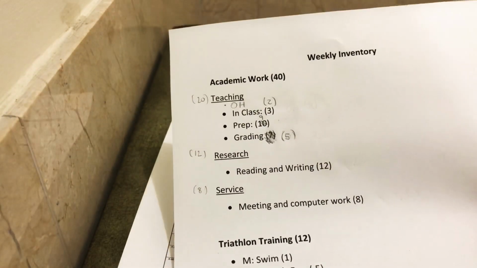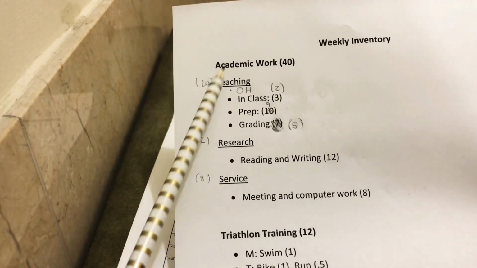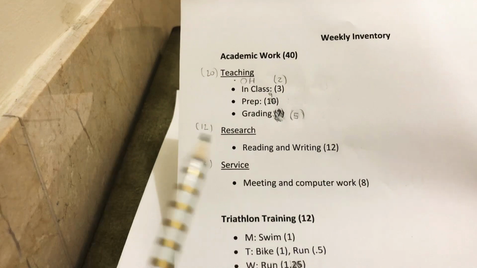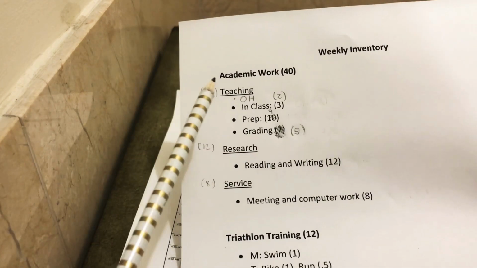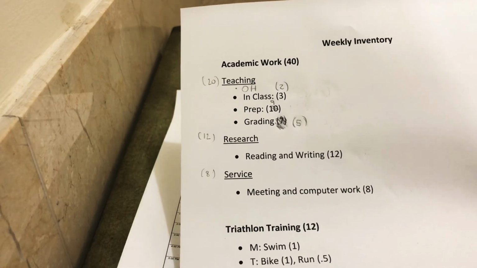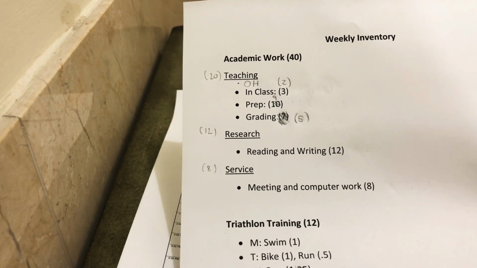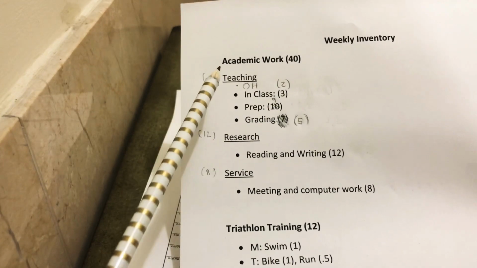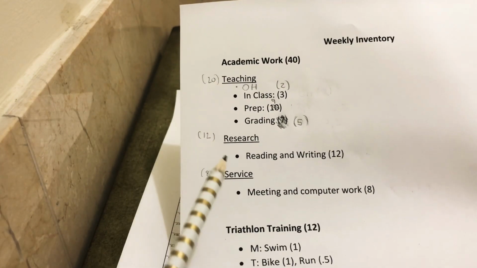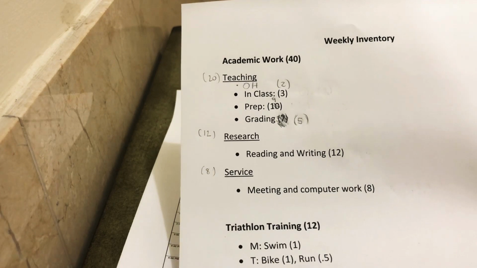My weekly inventory consists of academic work and it consists of triathlon training. My academic work is my profession. It's my main work responsibility and it's divided into teaching, research, and service.